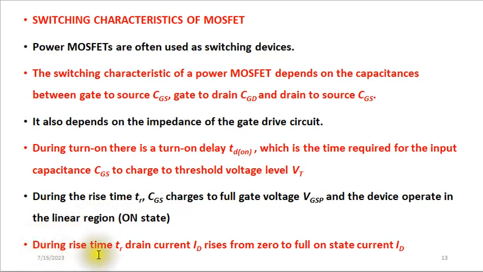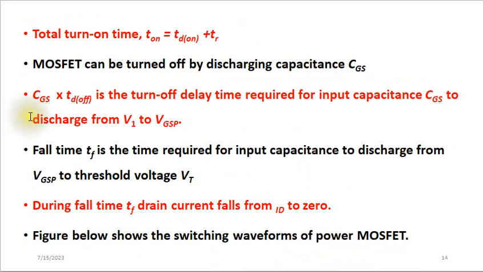During the rise time, you find that your ID, the output drain current, will start rising from 0 to its maximum value. So the total time it will take to fully turn on is the summation of the delay time during charging plus the rise time, TR.